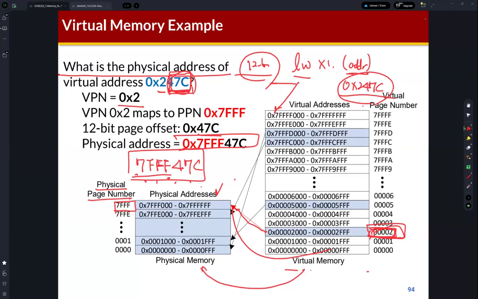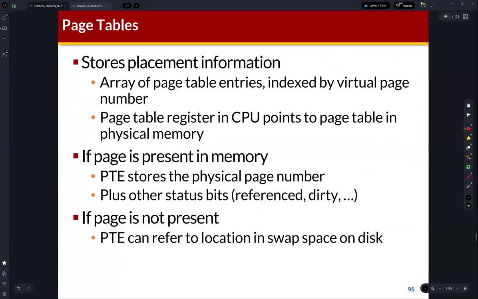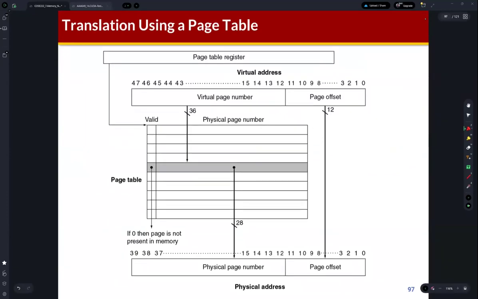I just explained the concept of the address translation. And the hardware and software, software needs to support this virtual memory concept. When I mention software, it represents the operating systems, right?